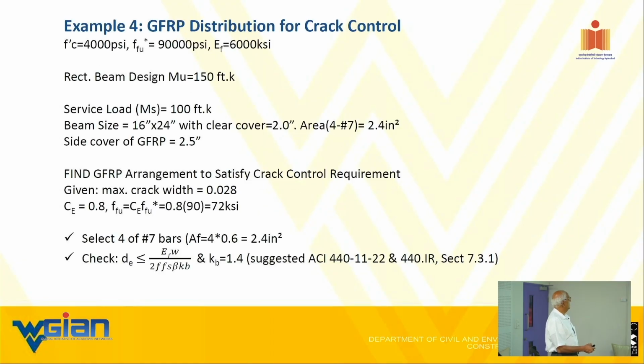0.028. There we go. Maximum crack. The crack at half a millimeter should propagate to half a millimeter also, because here the cover is higher, 1.5. So the maximum allowable crack width, 0.028 inch, is what we gave, and FRPs can tolerate a little bit more crack width because of non-corrosiveness.